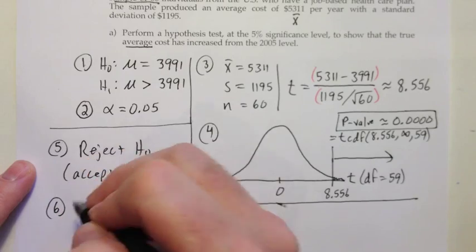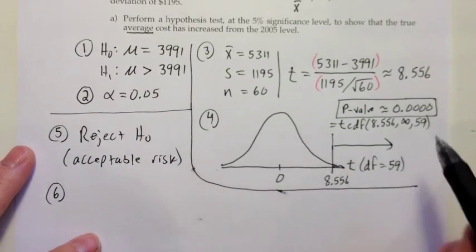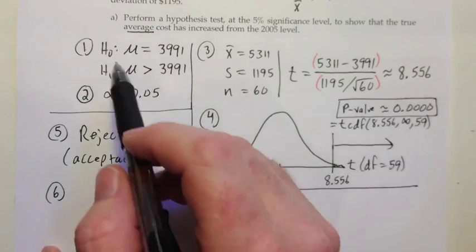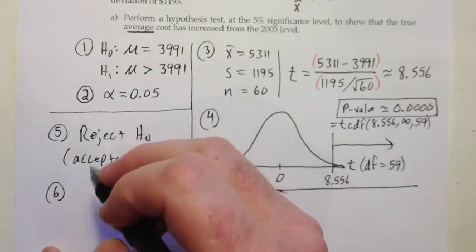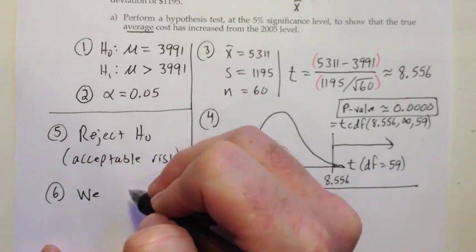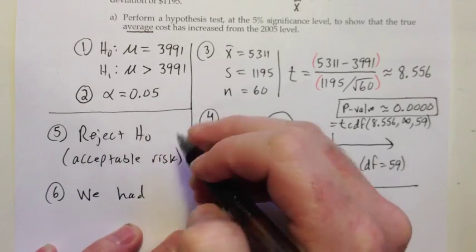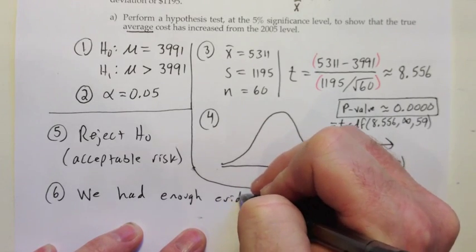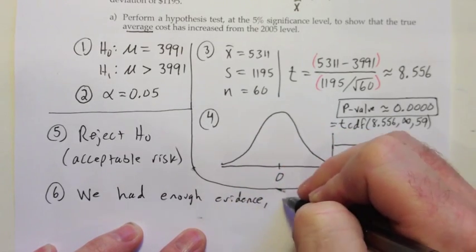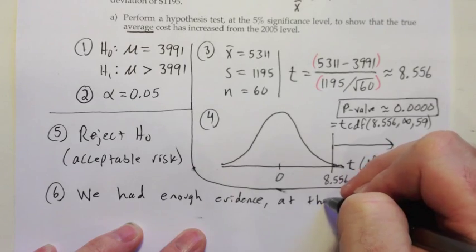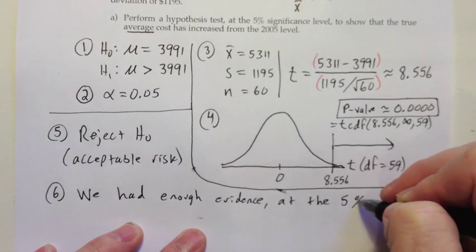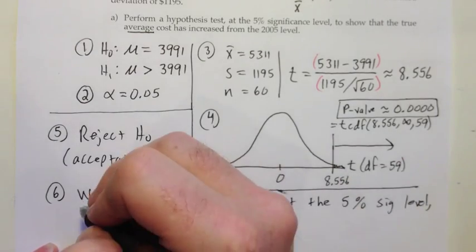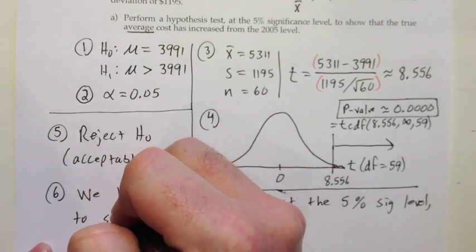And then why did we reject H0? I'm going to talk about it basically in terms of this test statistic and the claims up here. I'm going to say we had enough evidence at the 5% significance level to show, and what were we trying to show?